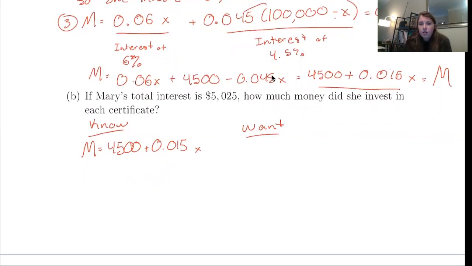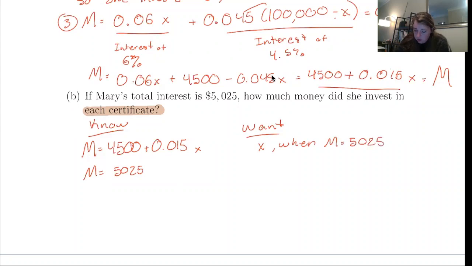So is that an M value or an X value? It's an M, right? So we know M is going to equal 5,025. What do we want back out? Careful. We want to know how much you put into each certificate. So we want X when M equals this amount.